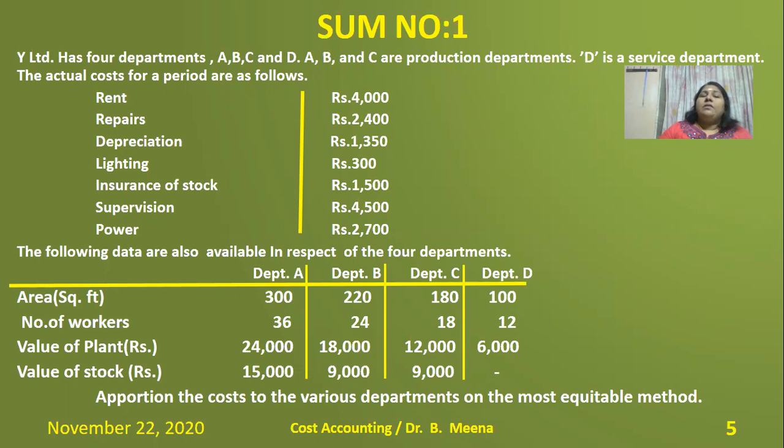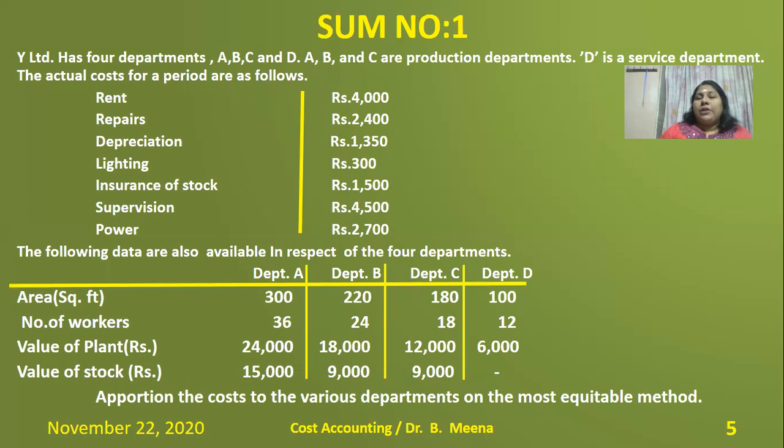After considering this decision, you need to look into the problem. Are any materials or wages given? If materials or wages are given for all the departments, when you are preparing the primary distribution summary, you need to show the wages and materials only in the service department column, not for all the departments.